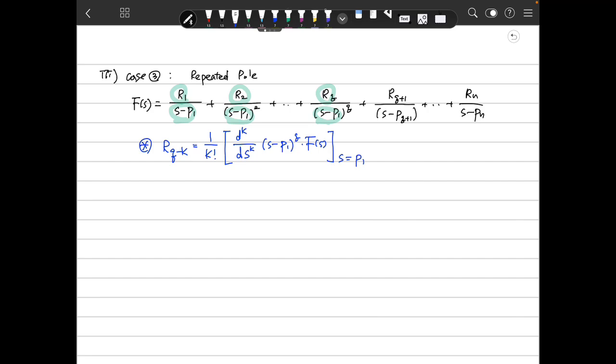This is a way to calculate the parameters R. As an example, I will show you how to solve the problems.